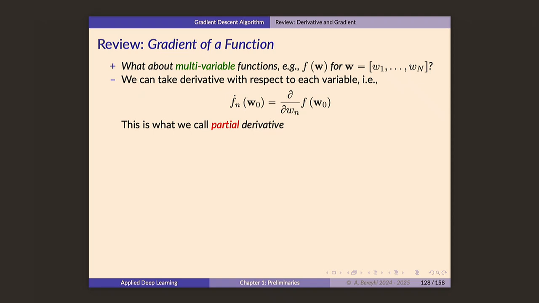So it's f of w1 and w2. And then this is, for instance, w1 w2 plus w1 squared. Okay? If I want to take the partial derivative with respect to w1, what it would be? What is the partial derivative of f with respect to w1? What is it?